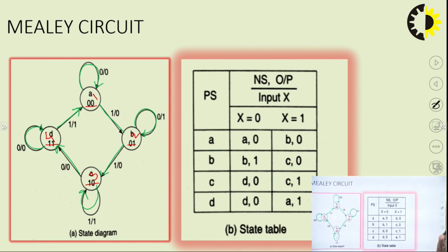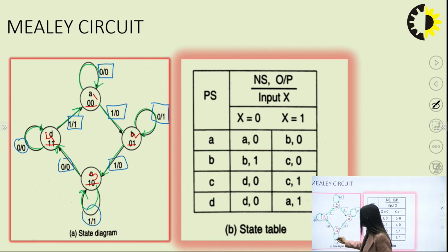These directed lines show the state changes. Some values are also written on these directed lines, as we can see. These are the values written on the directed lines. One represents the input and the other one is the output.